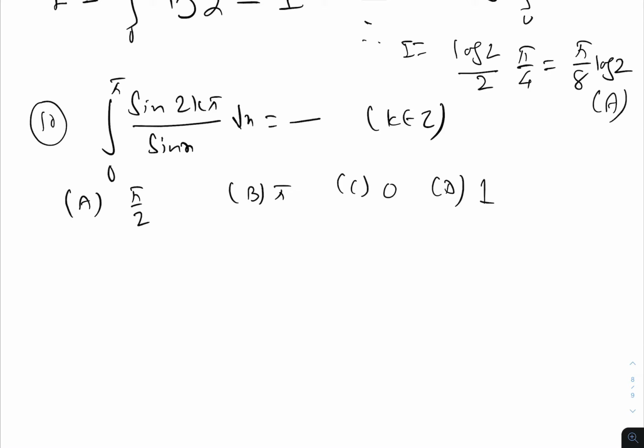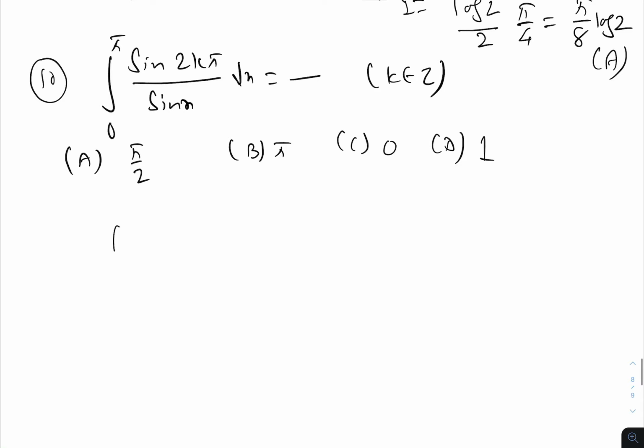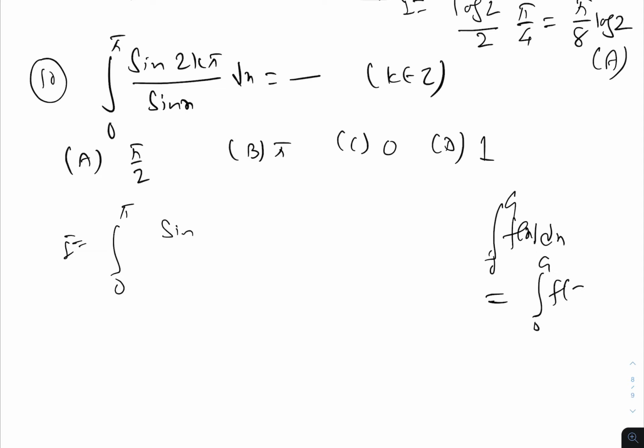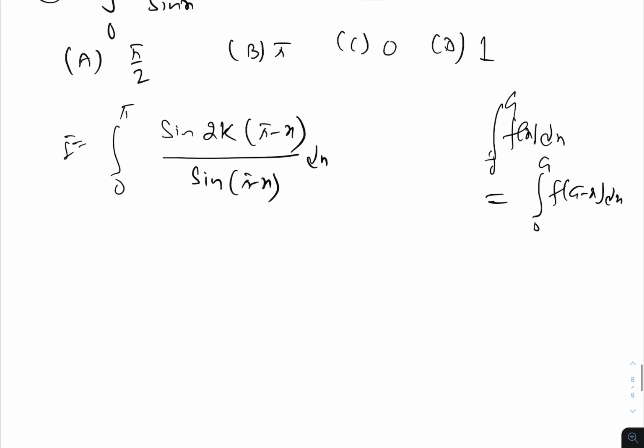So can we do here like using again the similar kind of result formula, integration 0 to a f of x dx is equal to integration 0 to a f of a minus x dx. So sin 2k(pi minus x) over sin(pi minus x) dx.